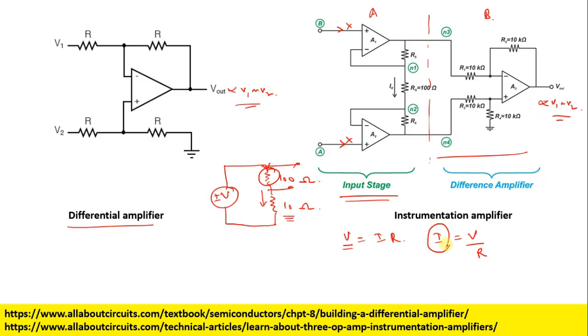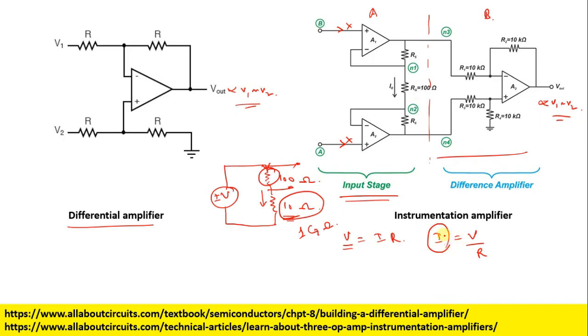Now if you increase this to 1 gig ohms, what will happen? Almost limited current will be passing through, okay. And since only a low amount of current will be passing through, the voltage drop across this resistance will be very high, okay. In total, it will be very high.